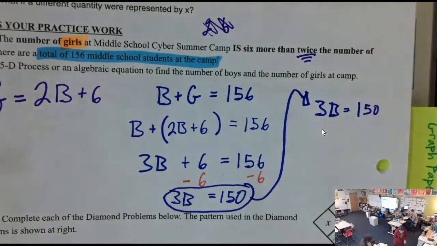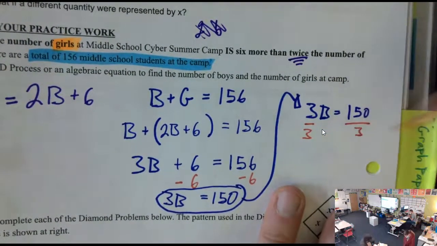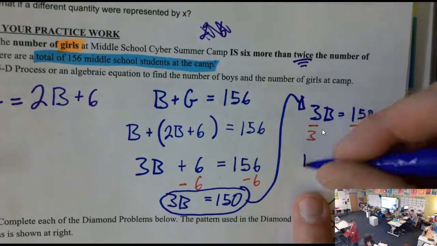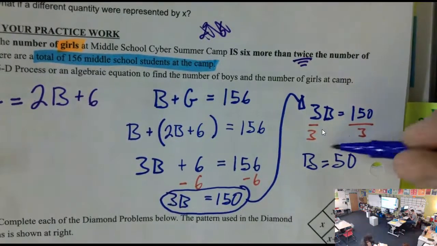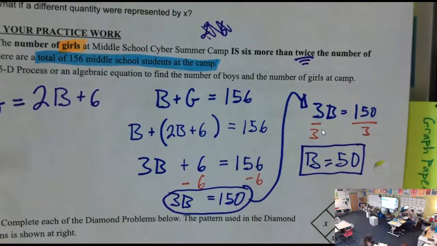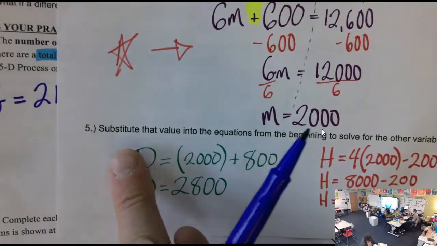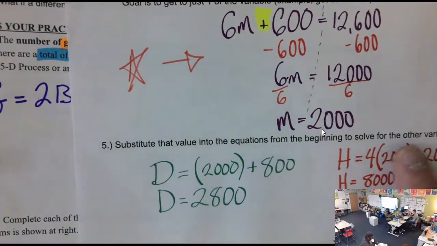Aiden? Yeah, divide both sides by 3. You're right, that's the math I need to do. But guys, be careful. Write it down on both sides. So B equals 50. Am I done? Nope. There's one more step. Substitute that value into the equations from the beginning.